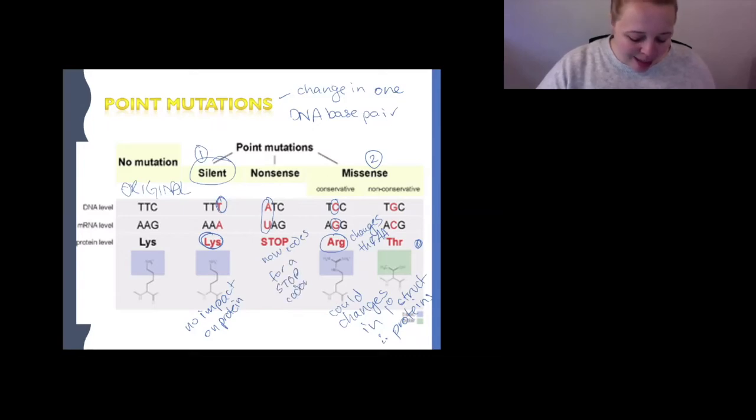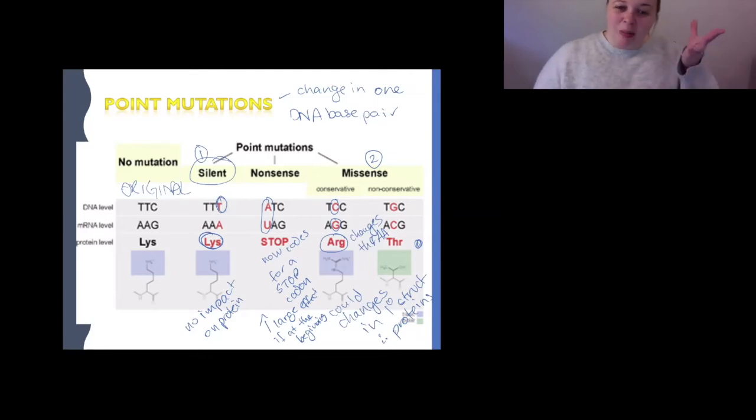Now what that means is that your primary structure is going to end earlier. So this could have a very large effect if it's at the beginning of the chain, so the beginning of your polypeptide chain. If it happens at the end of your polypeptide chain, then it might have a smaller effect.